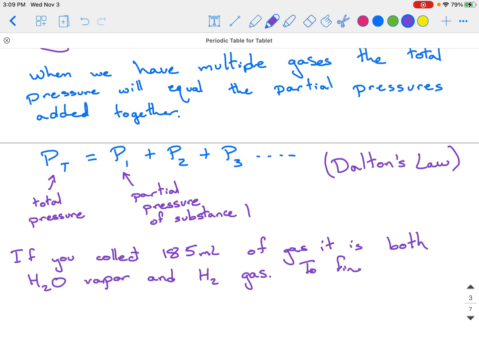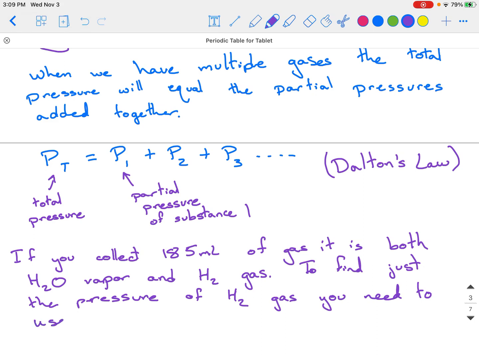Okay, to find just the pressure of H2 gas, we'll use Dalton's law.